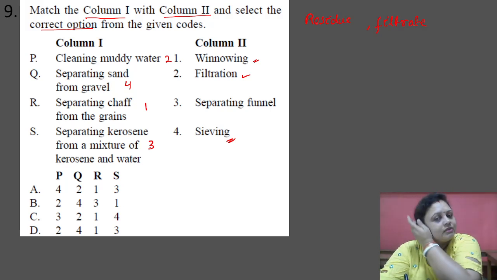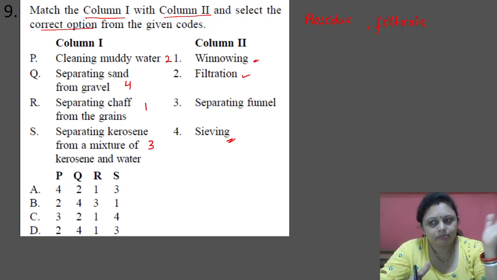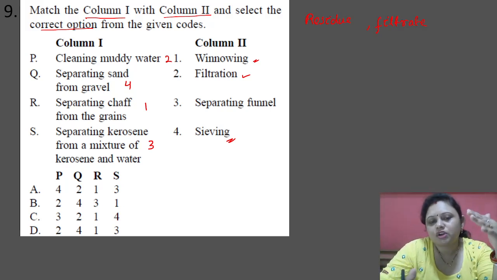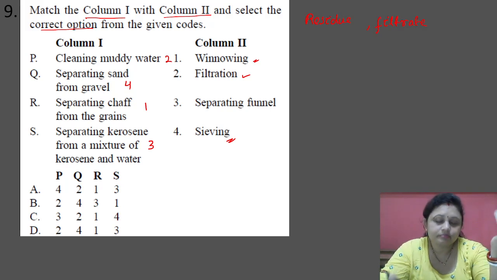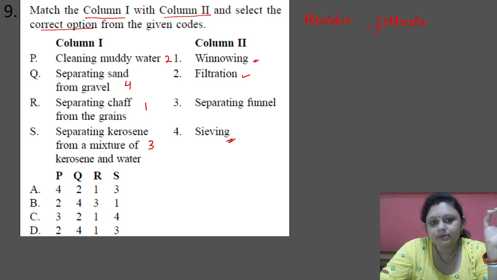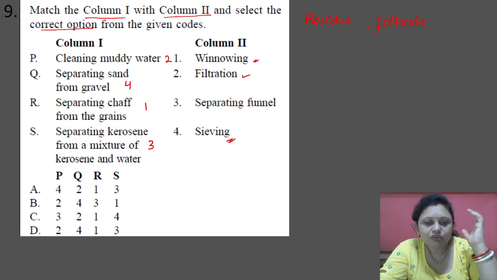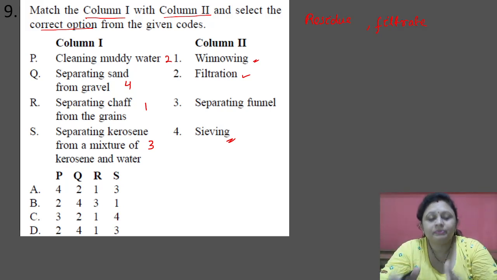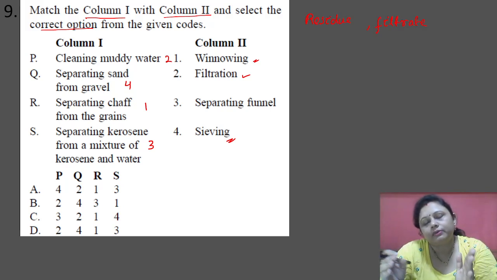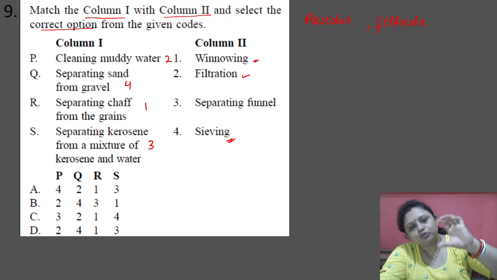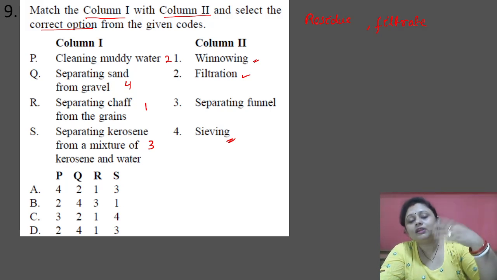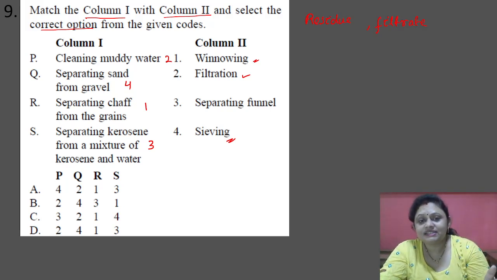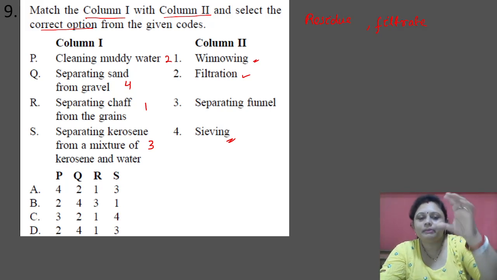In the separating funnel, if you keep a mixture of immiscible liquids, then according to their density they will form layers. The heavier liquid, which has more density, will remain below, and the other one, which has less density and is lighter, will remain above.